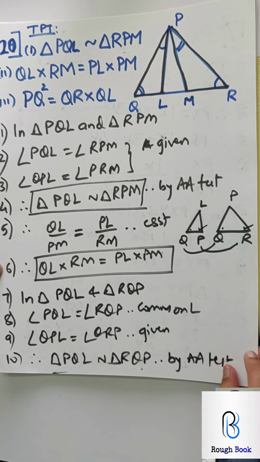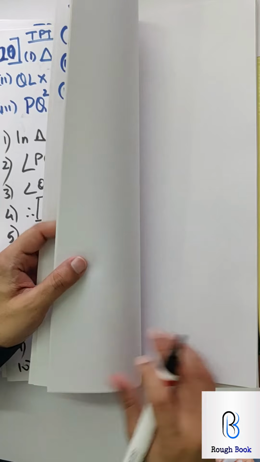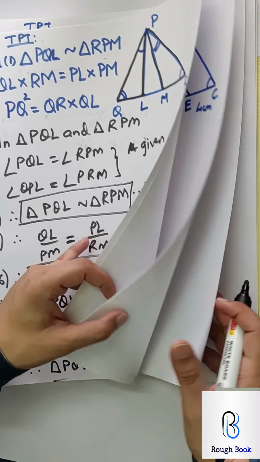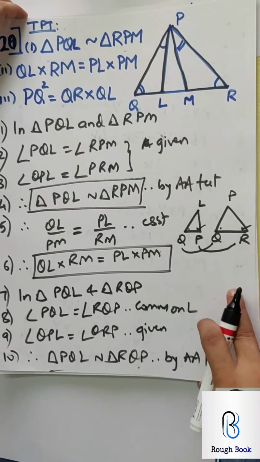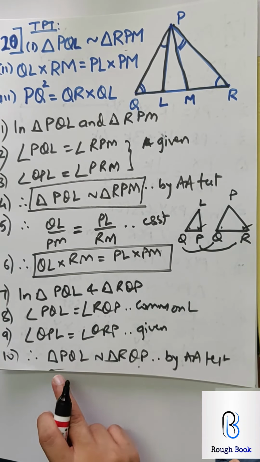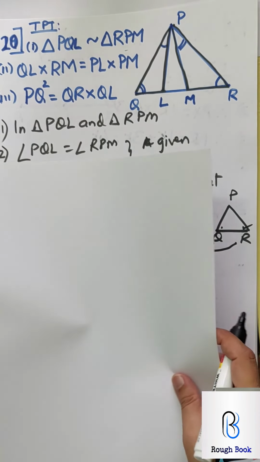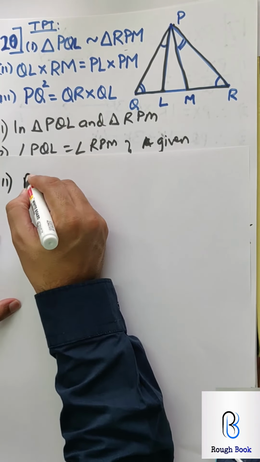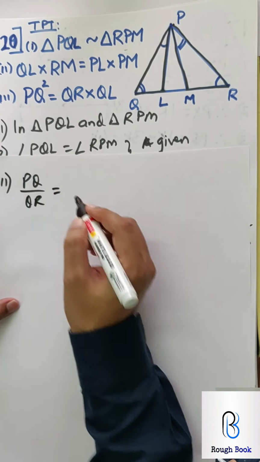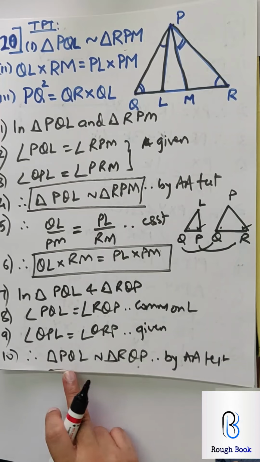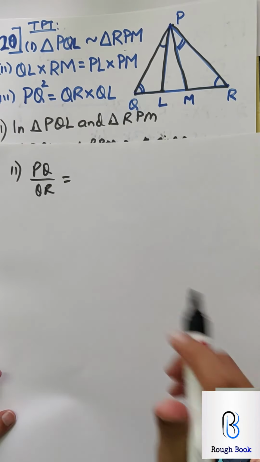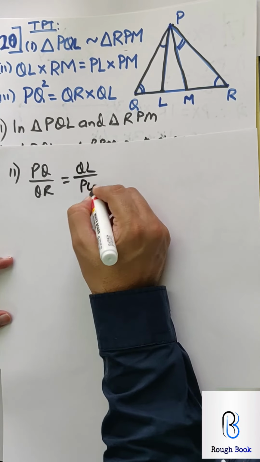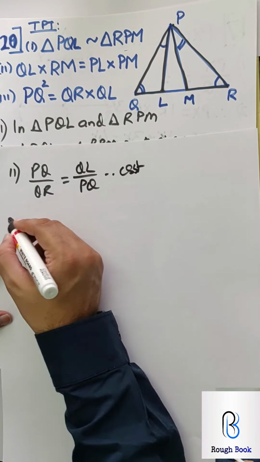Now that we got these two similar, let's take a fresh sheet and proceed from there for the last part. So for the last part, CSST, PQ upon QR, so that is step 11. PQ upon QR is equal to QL upon PQ. Now here I need PQ, so QL upon PQ, CSST.